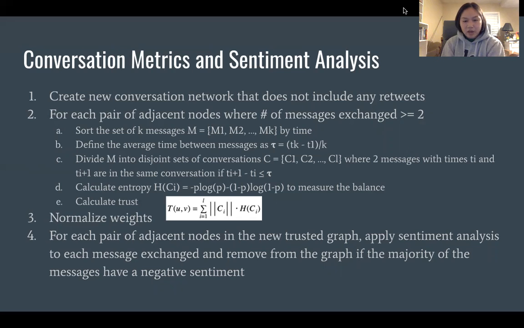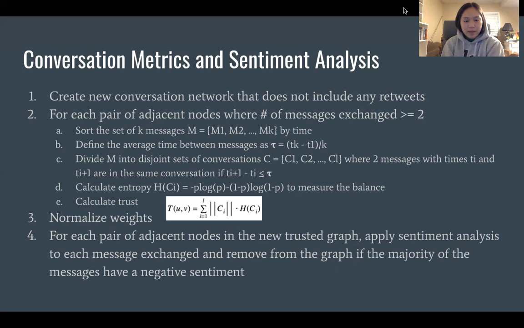The average time between messages is defined as the time of the last message minus the time of the first message, divided by the total number of messages. Then M is divided into disjoint sets of conversations, where two sequential messages are put into the same conversation if the time between them is less than or equal to the average time between messages.